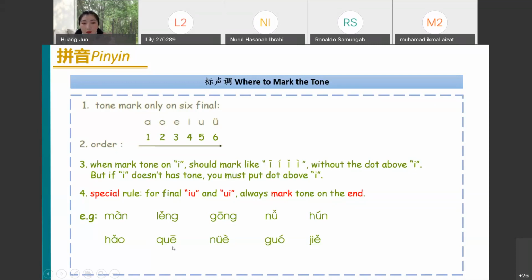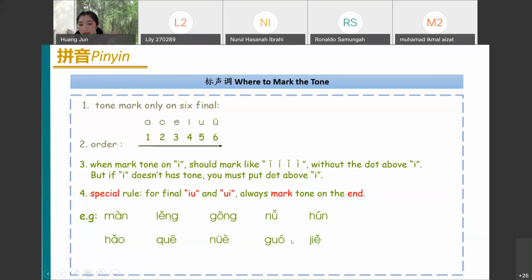Then, like this example, 缺 over here. U and E: U is number 5, E is number 3. So E is the front one, so you mark the tone on that letter. Then over here also, Ü is number 6, E is number 3. Then you always mark on the front letter.